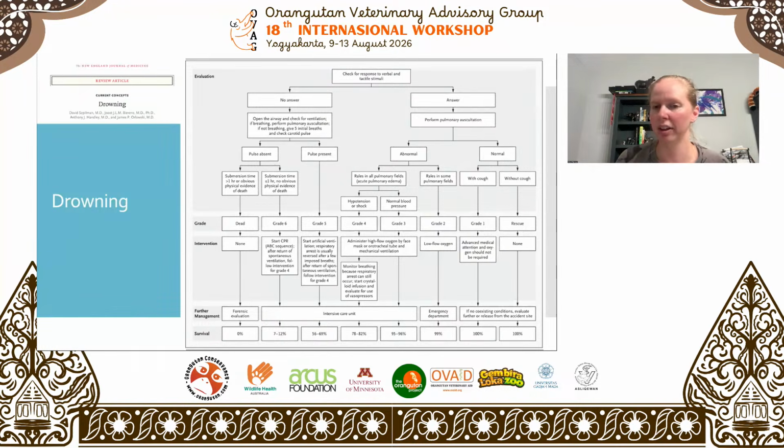I've included this nice diagram that they use in human medicine in drowning patients to help them figure out how to treat the patient and what they need. This is the best algorithm that they have.